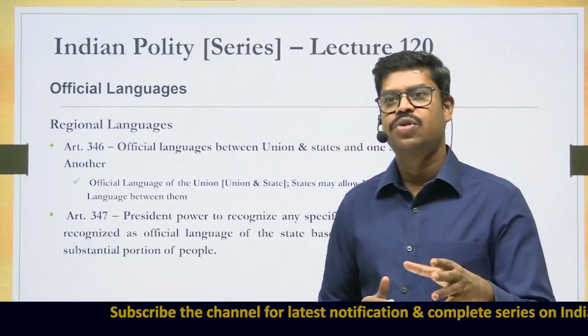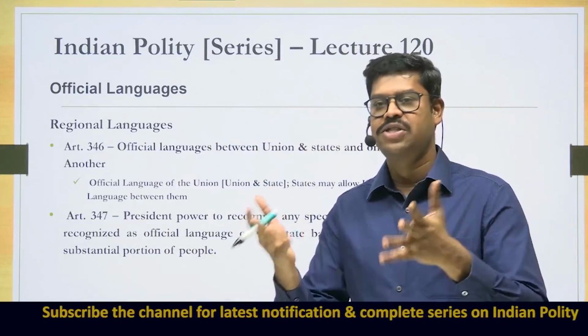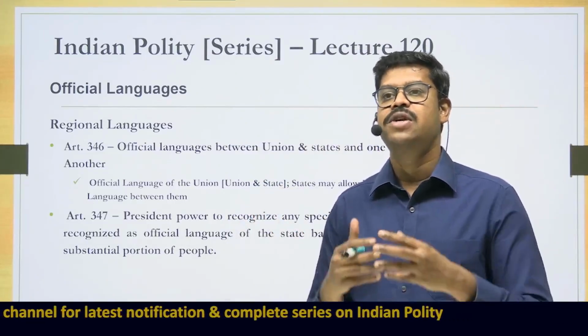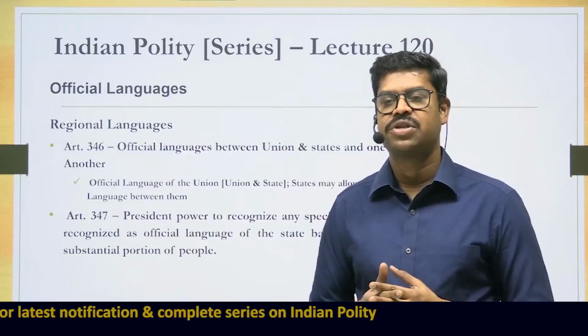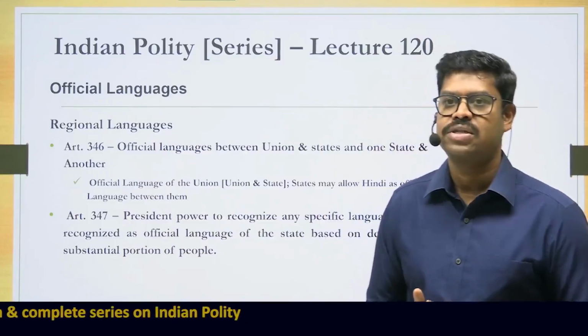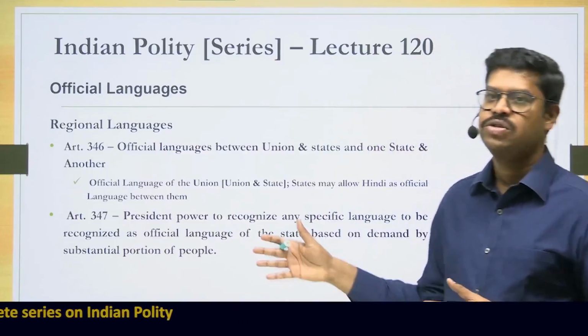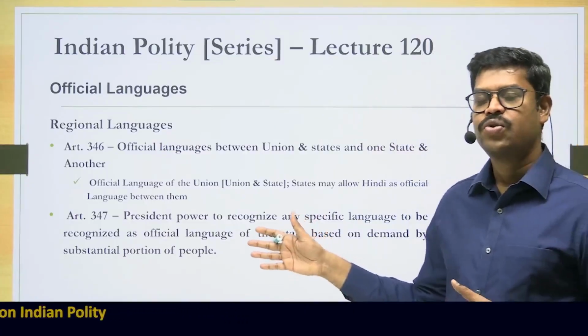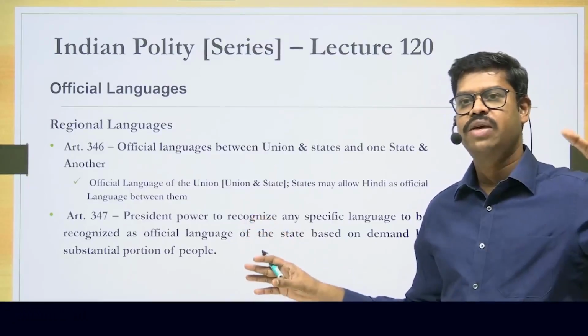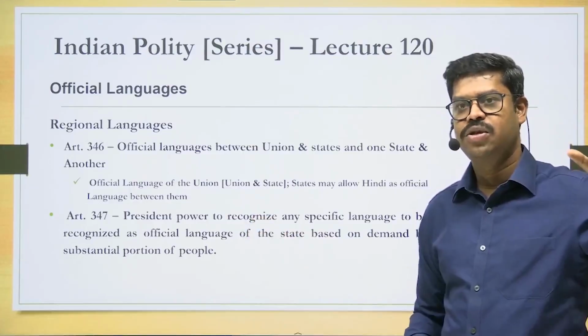In addition to that, if a substantial number of people make a representation to the president and seek the president to recognize a certain language as an official language in the particular state, then the president can also do it by virtue of Article 347 of the Constitution. So this is also true. This provision also becomes very important for you to remember. So generally, who will decide the official language? It is only the state legislature.